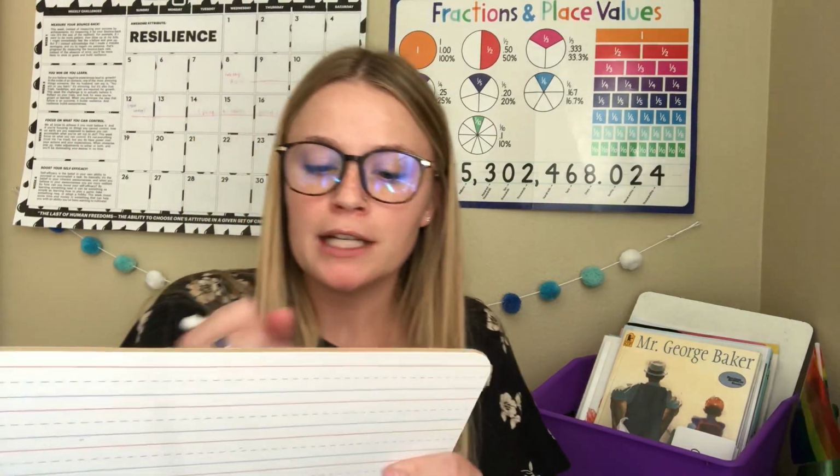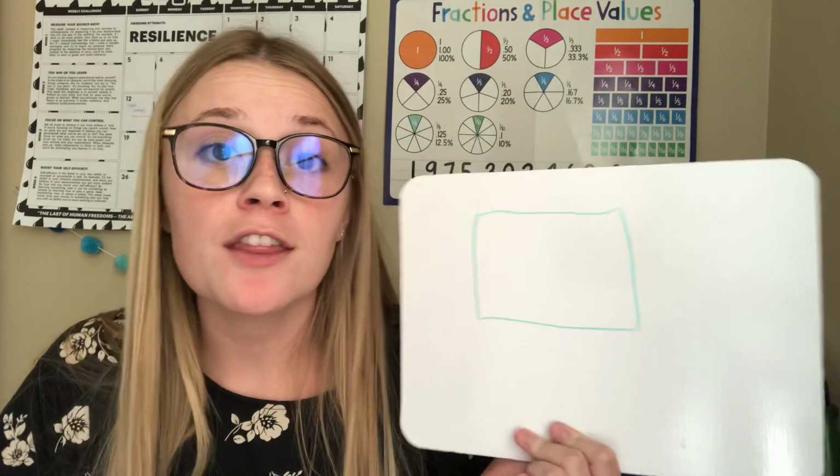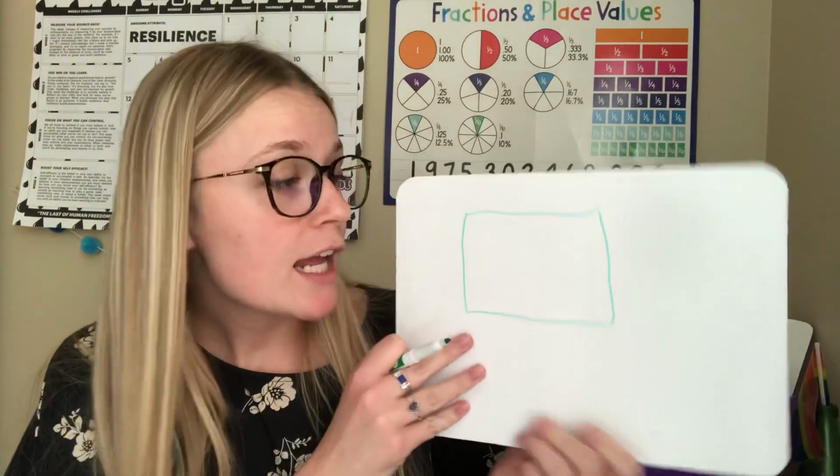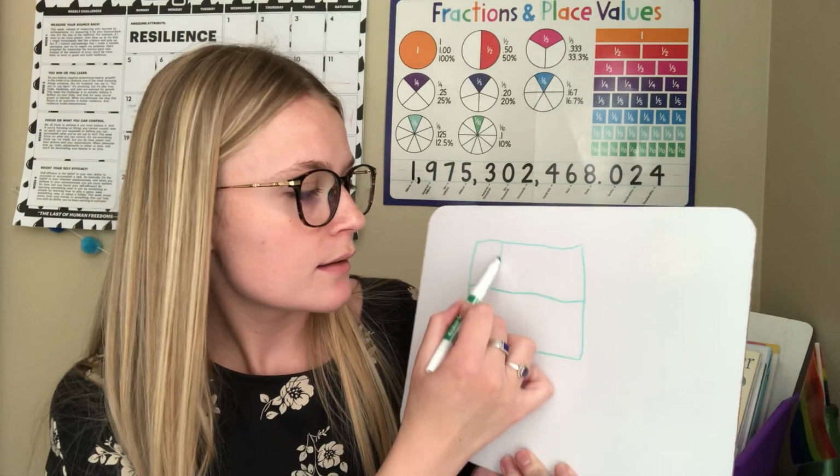If we have a pan of brownies, that was the example that I used last. Well, I keep picking wrong markers. If I have a pan of brownies that I made, and I want to share them with 5 other friends, I would have to cut up 6 equal parts of the brownie.